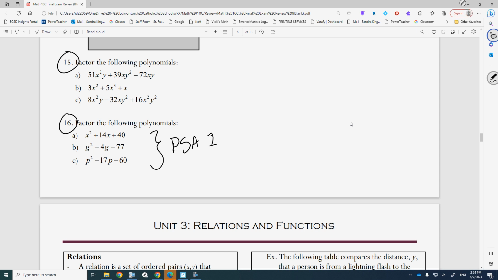So on the second review package, it says year-end review on page 7. You could do number 2. Cross out C. I don't need you to do C. Do number 3 and do number 4.